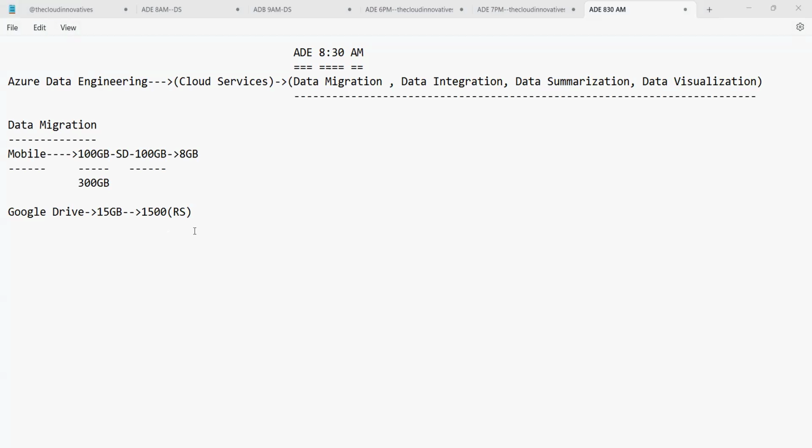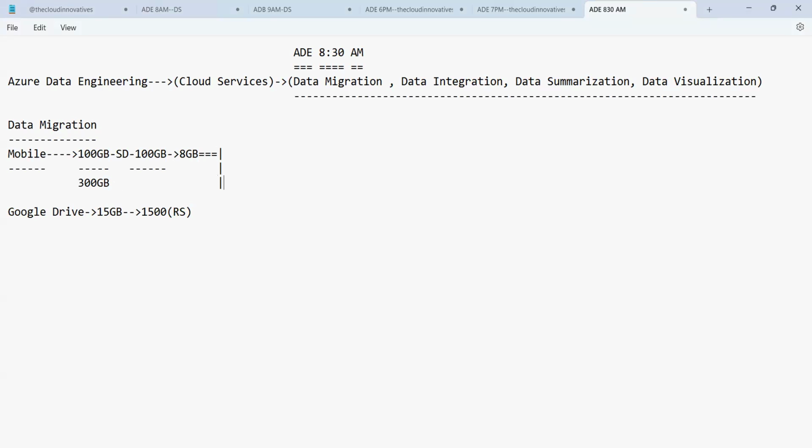So in this situation, to avoid this, we try to switch the data storage from the mobile storage to what?